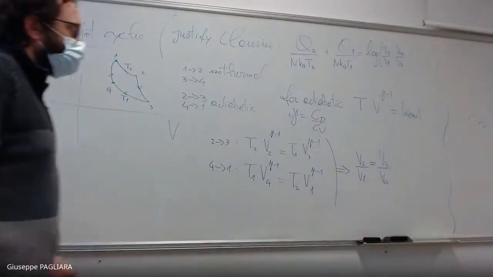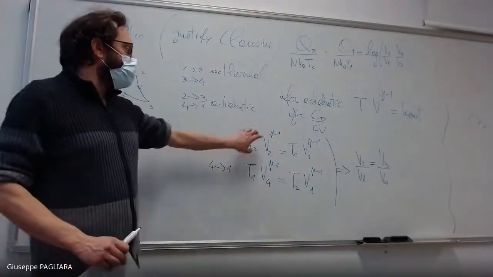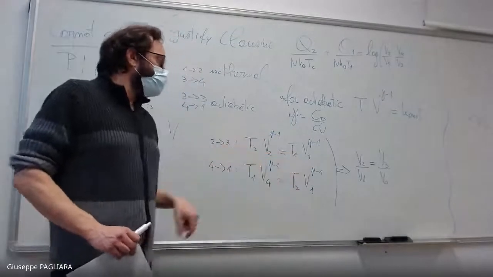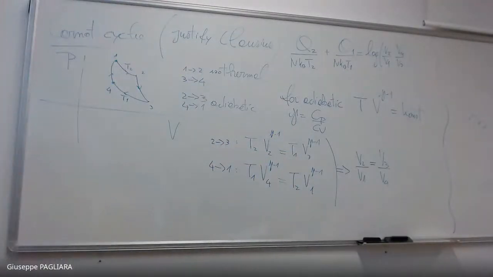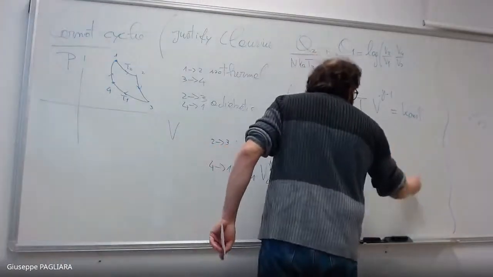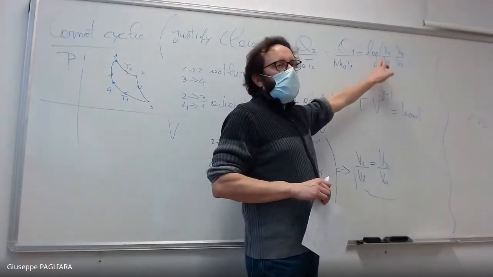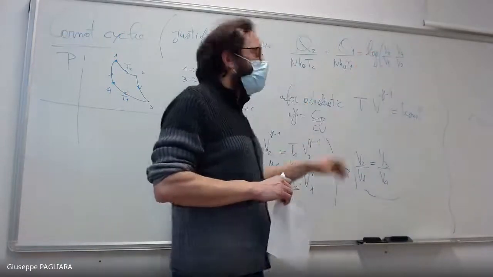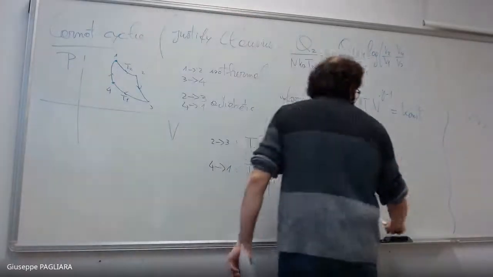Okay. I just divide this by this and this by this. So you see, therefore, that if I introduce this relation in the logarithm here, I get 1 as an argument of the logarithm, and therefore it is 0.